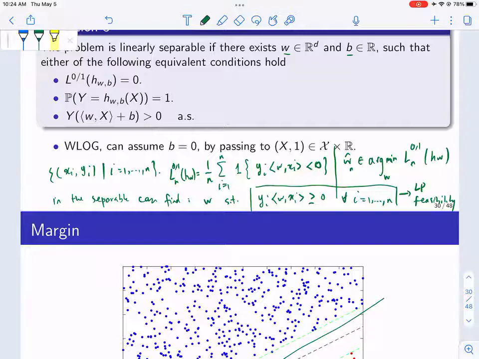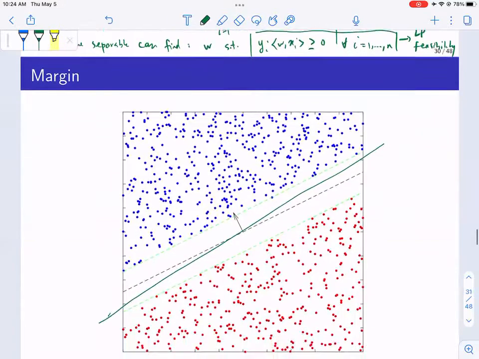So what do you guess? What might be best to do? Okay, great. Yeah. So an intuitive thing is something that just separates them barely.